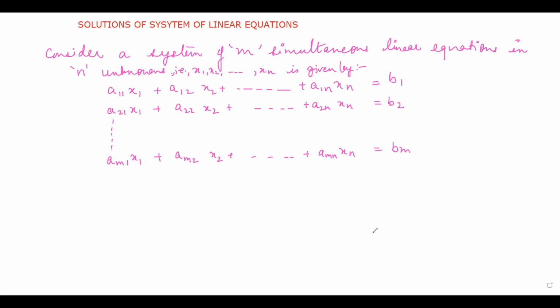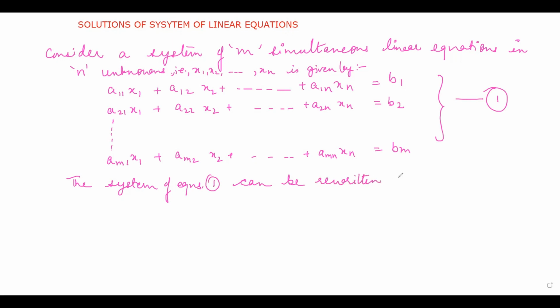Okay, so I can rewrite the system of equations. You can name it as 1, and it can be rewritten as AX is equal to B. Now, what is A here? It would be a matrix with columns A11, A21 going up till Am1, A12, A22, and so on.